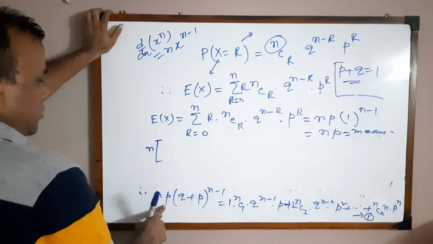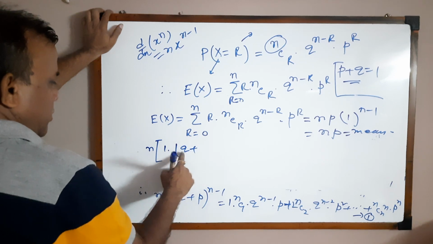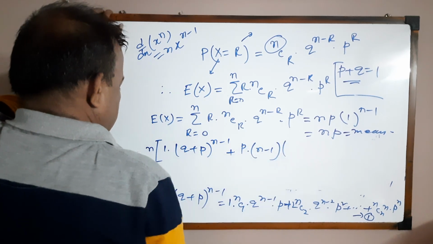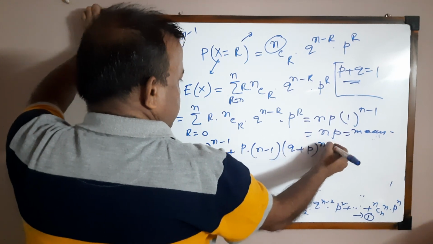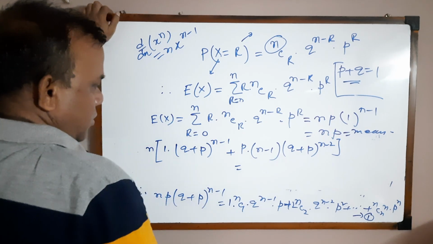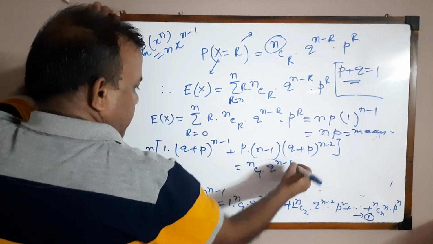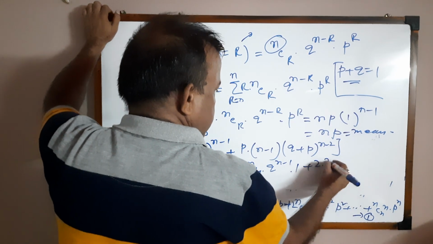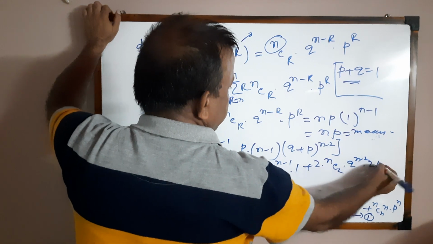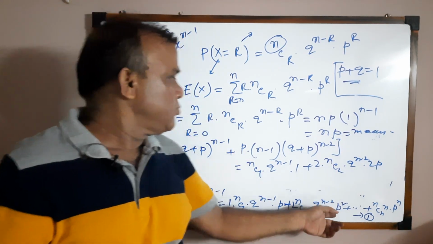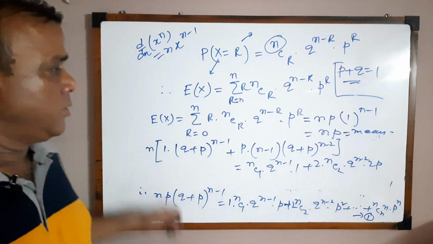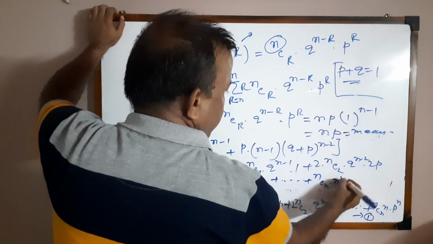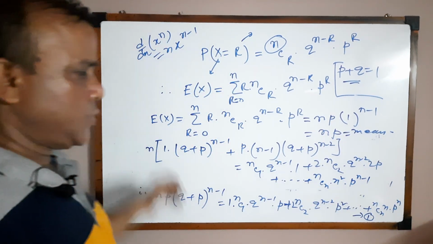Using the product rule: 1 into (q plus p) whole to the power n minus 1 plus p into (n minus 1) into (q plus p) whole to the power n minus 2, multiplied by n, is equal to nC1 into q to the power n minus 1 into 1, plus 2 into nC2 into q to the power n minus 2 into 2p, and similarly plus nCn into n square p to the power n minus 1, since only p is the variable when we differentiate partially with respect to p. Okay.